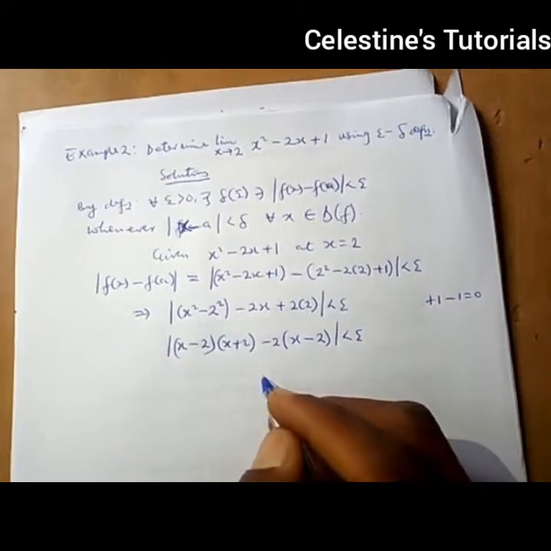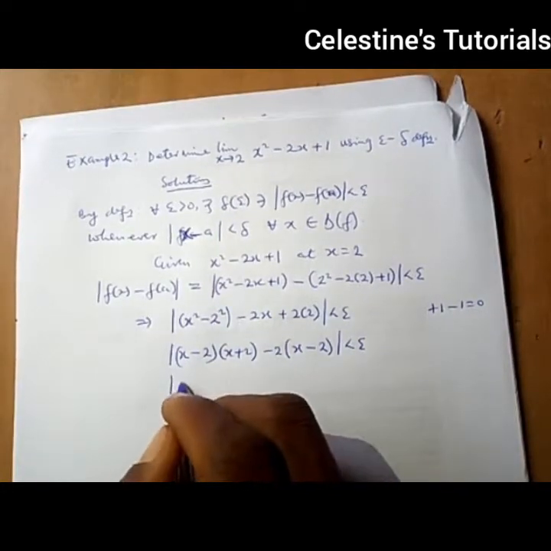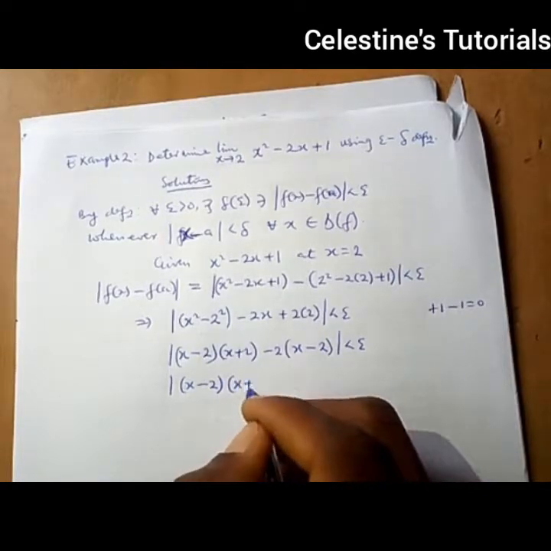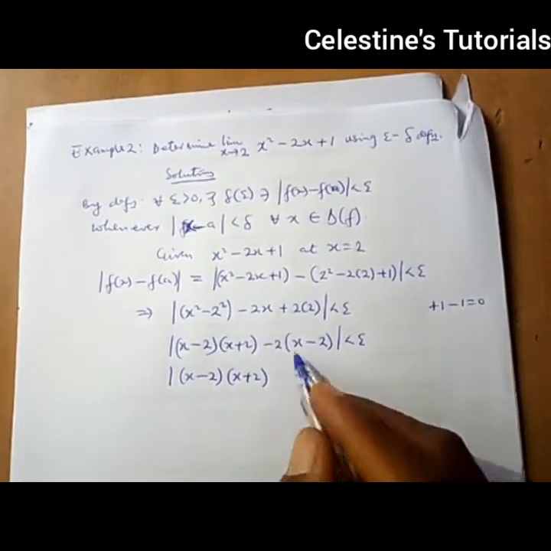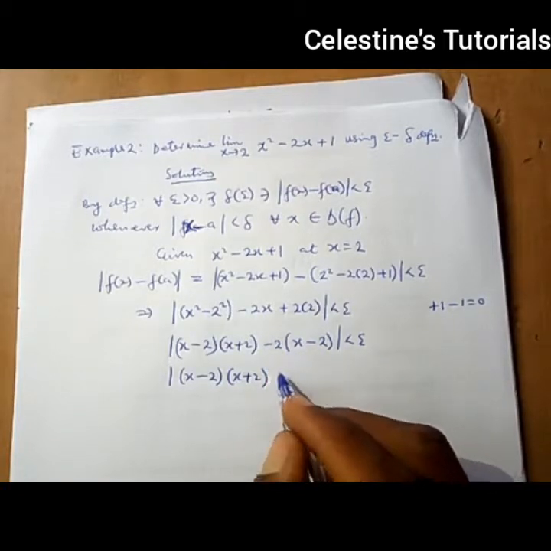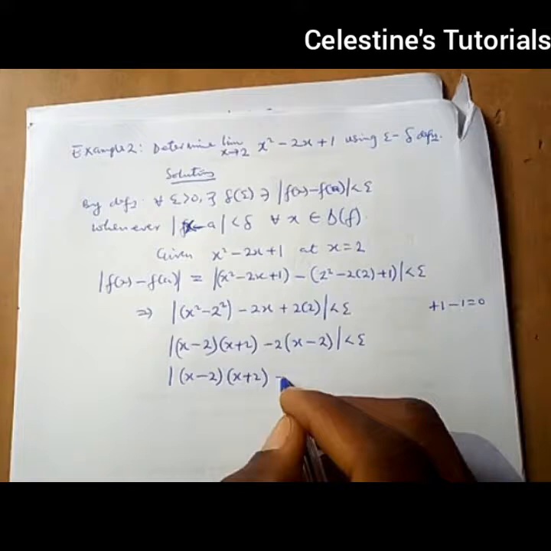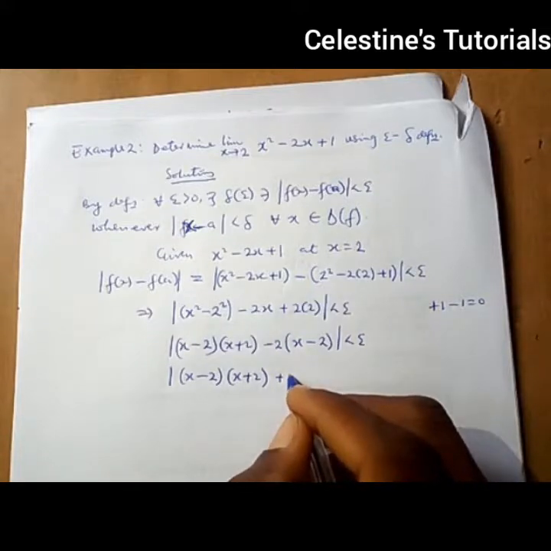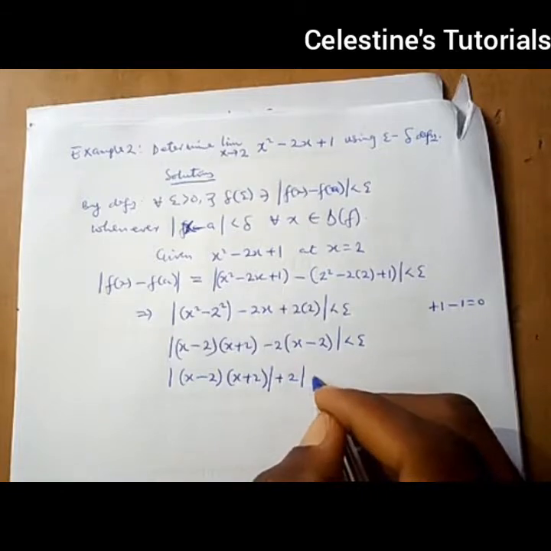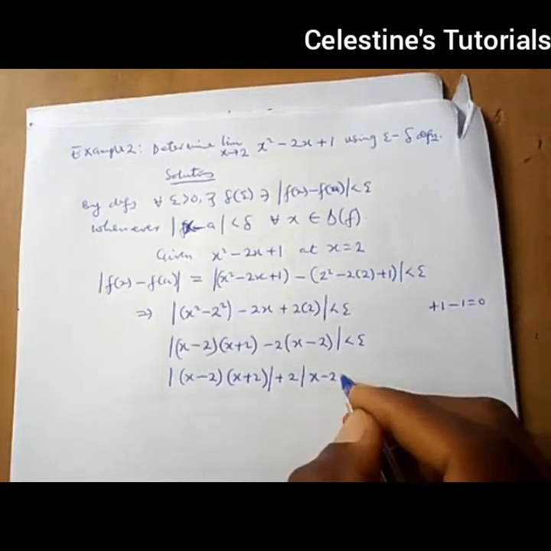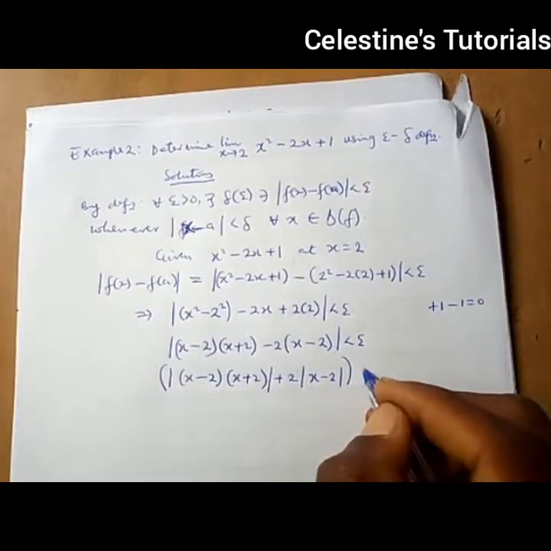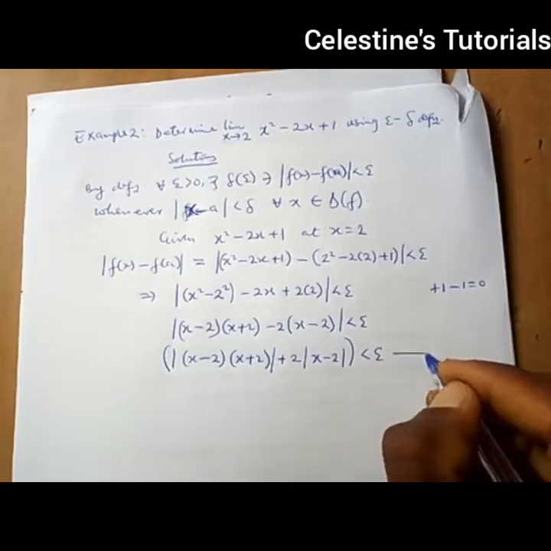Now we take the absolute value of this. You have |x minus 2| |x plus 2|. Now see here, when you take the absolute of this, minus changes to plus. Now everything here is less than epsilon. Call this one equation 1.